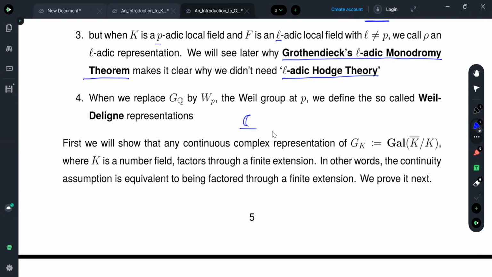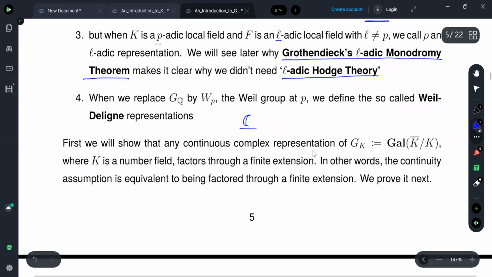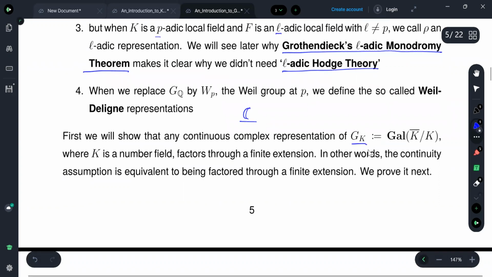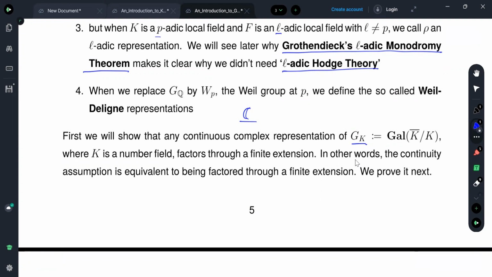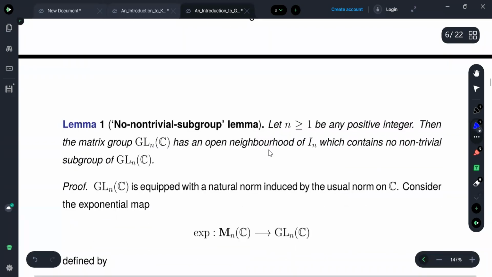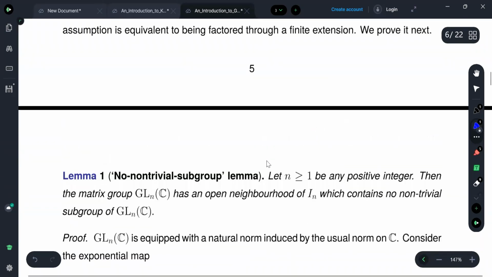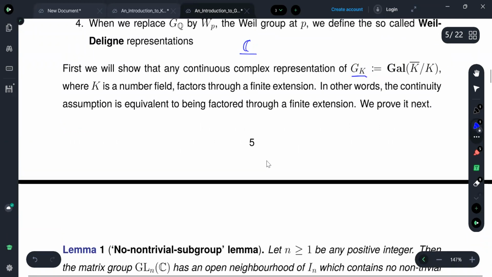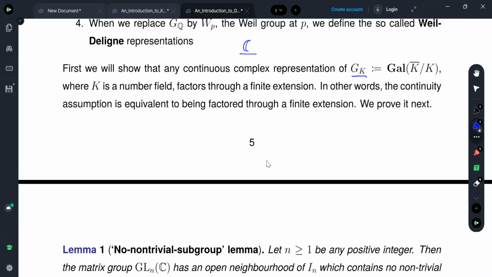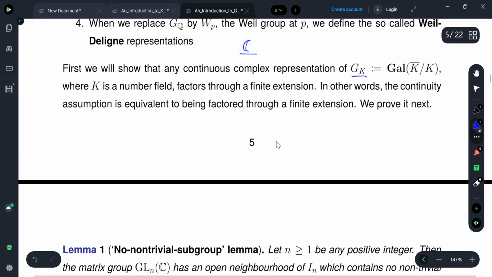For complex representations of a number field, say k a number field, we have the absolute Galois group of k, and if we consider a continuous complex valued representation, by complex valued I mean a representation in GLnC, then we will show that this representation actually factors through a finite extension of k, and that's why we don't bother about complex valued representations.